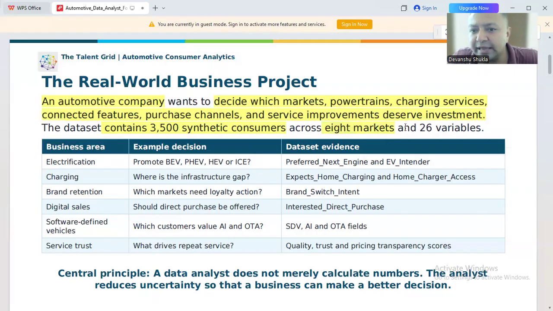We are not taking 27 markets as of now. We are only taking 8 markets in the data set. And this data set has 26 variables, which means it has 26 columns or 26 features. I believe this is clear.